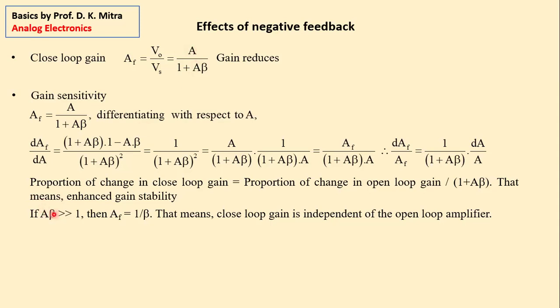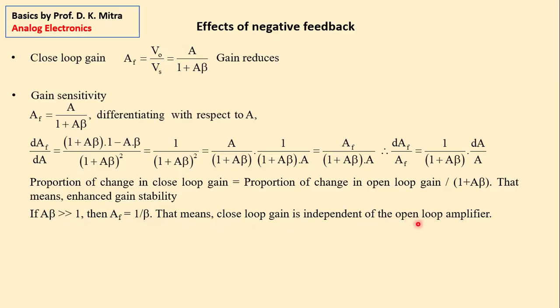That means if A beta is much more than 1, then AF is equal to 1 by beta. What does it mean? It means that closed loop gain has nothing to do with A or the original amplifier. Closed loop gain depends only upon beta, that means the design of your feedback circuit. So the closed loop gain becomes independent of the open loop amplifier.